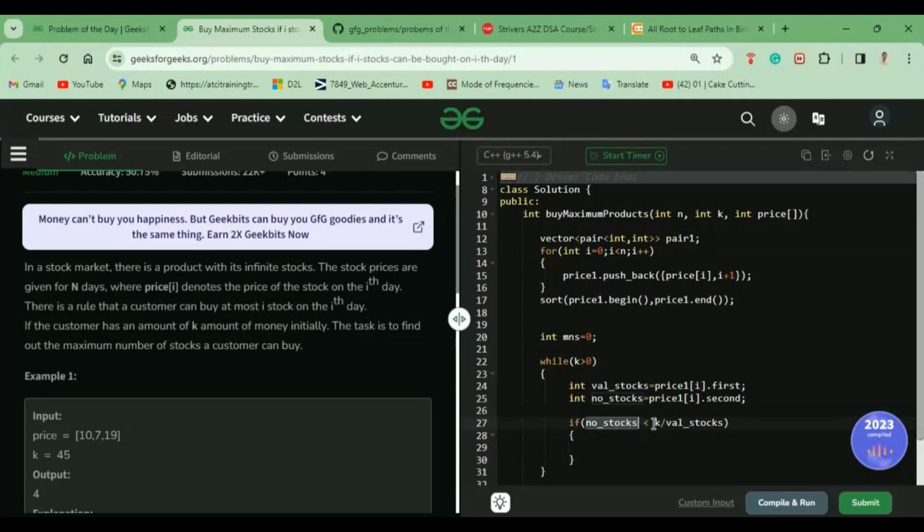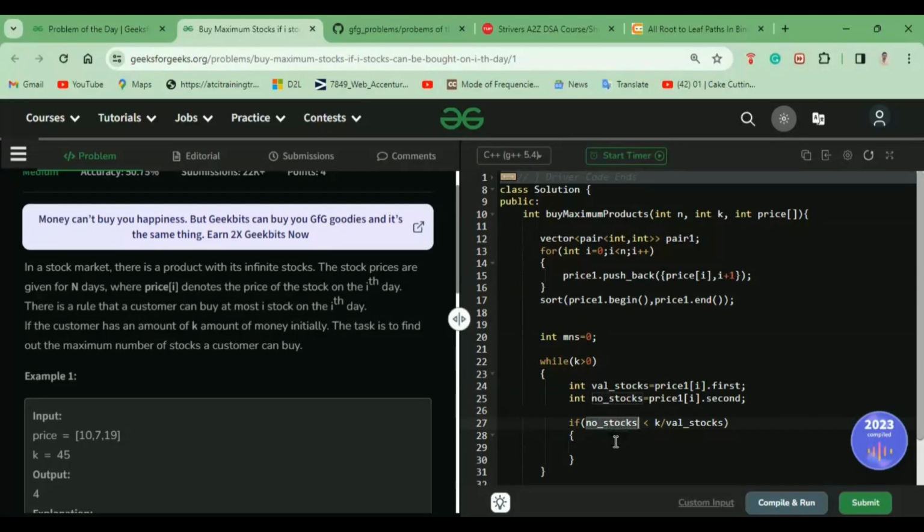And right now we have k remaining, and we can buy those stocks on that day. So if the number of stocks is lesser than whatever amount is left divided by the value of stocks, it means we can buy this many stocks. But for that day we can buy n_stocks.